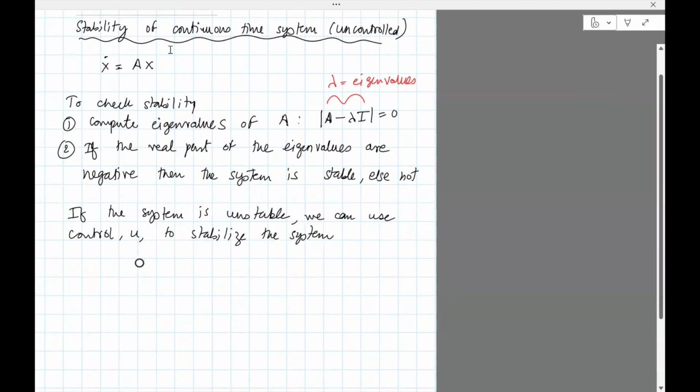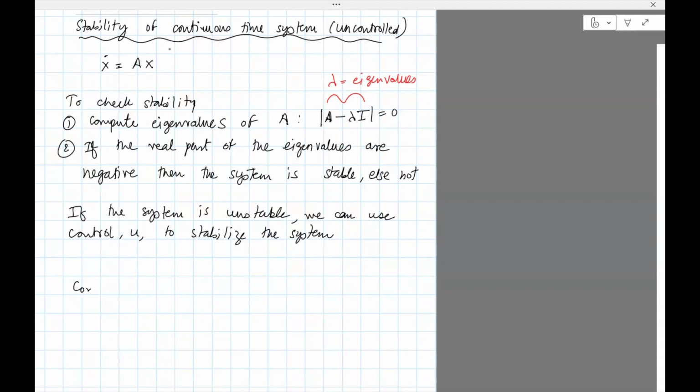Okay, because u gives you, just like the feedback linearization we talked about, we can do anything we want with u, provided u is strong enough, that is, you have enough torque and or force available to you from the actuators. Now, before you do that, there is something called controllability, which needs to be checked.